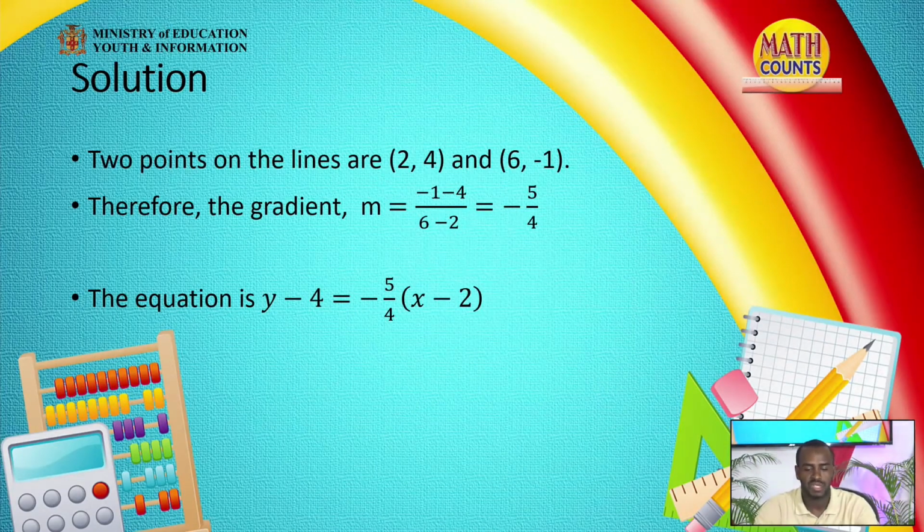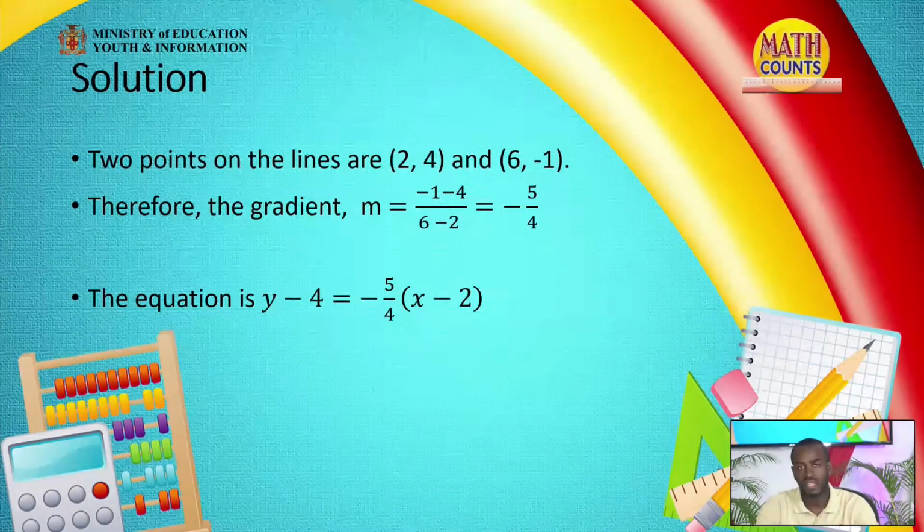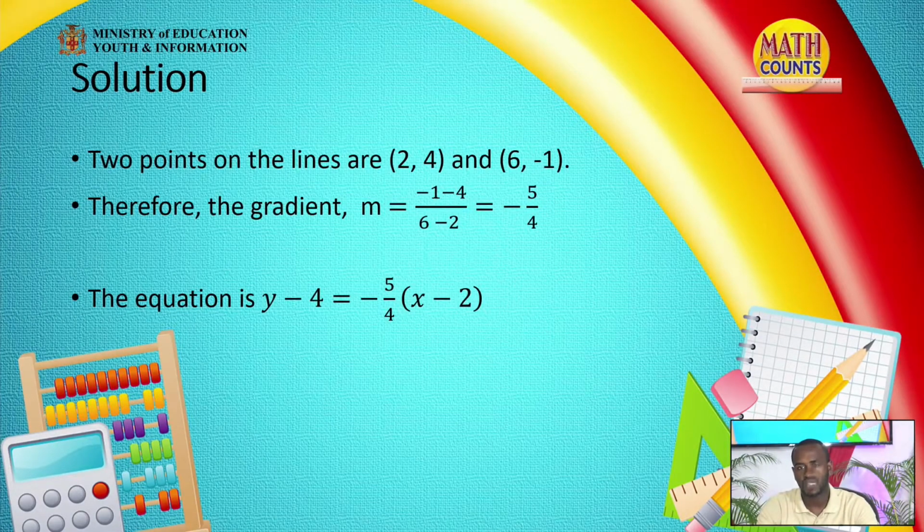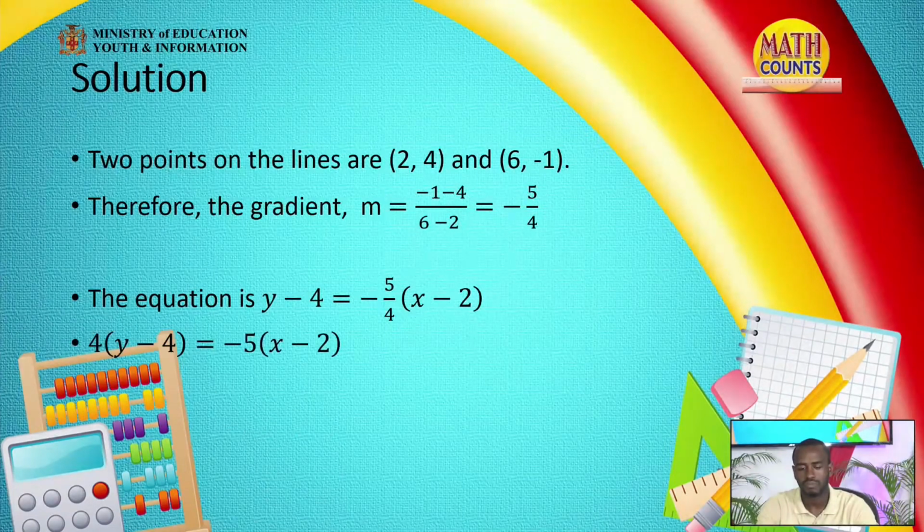After you have done this, you can now rearrange your equation so that you have the correct equation form that you are looking at. By the way, in some instances, you are allowed to leave your equation in this form if the question did not say you must simplify. When we rearrange, we end up with 4 into y minus 4 is equal to -5 into x minus 2.